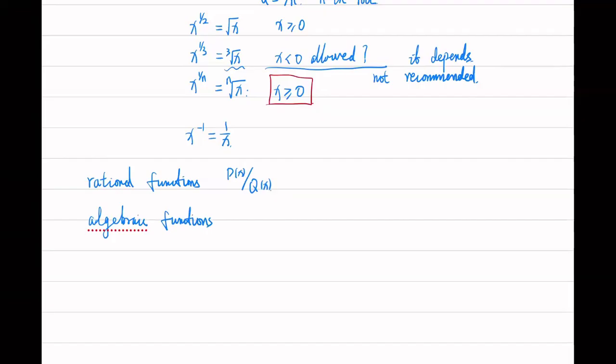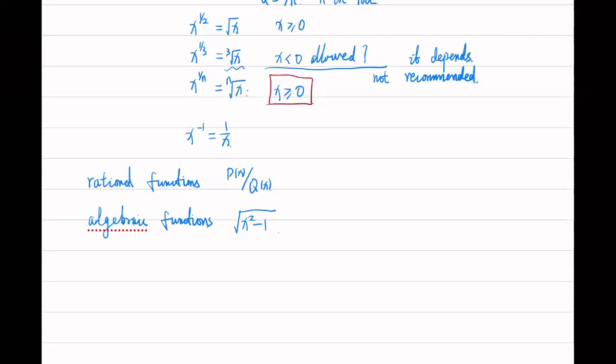A typical example here. Okay, so for this function, what's the domain of this function, Sophia? It's 1 to infinity.